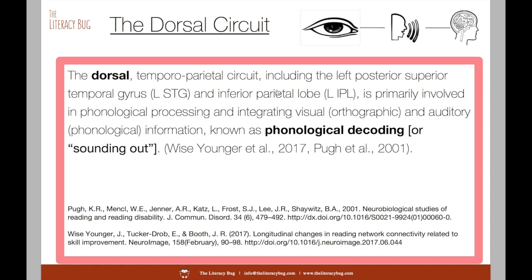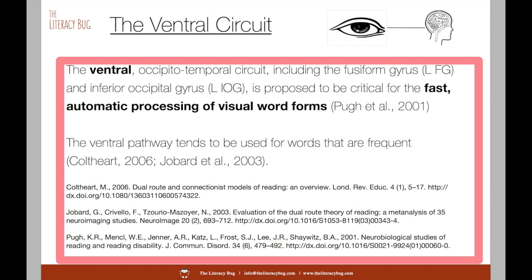So that dorsal temporal circuit is, you have here, I'll leave it for you to read if you're reading on the screen, lots of references to the neural structure of the brain. These structures are primarily involved in phonologically processing and integrating the visual, orthographic letter shape forms with auditory or phonological information, known as phonological decoding or sounding out. And that happens a lot within the young reader's brain.